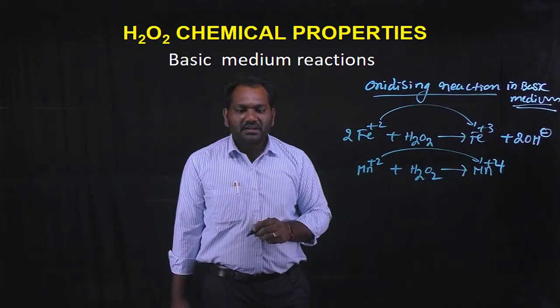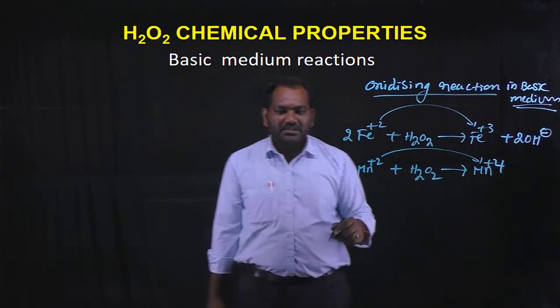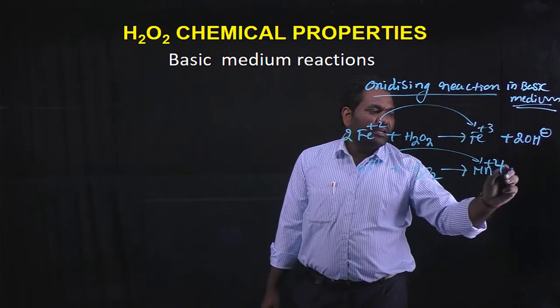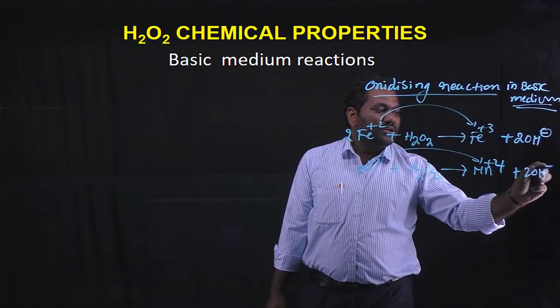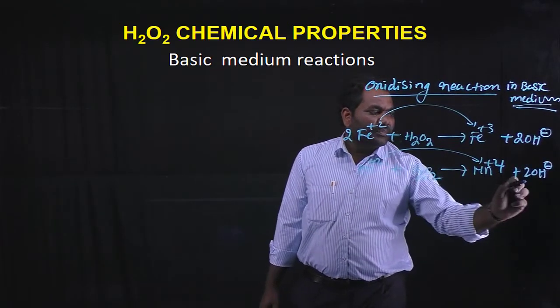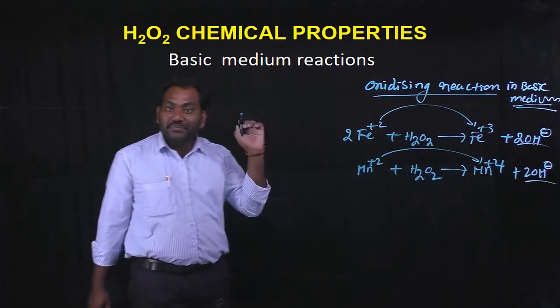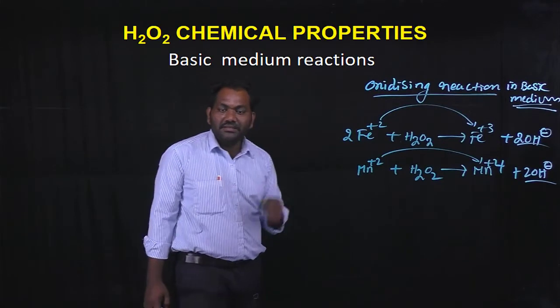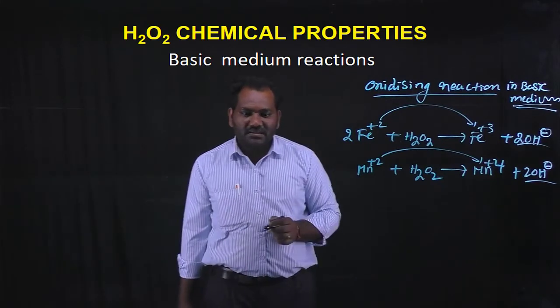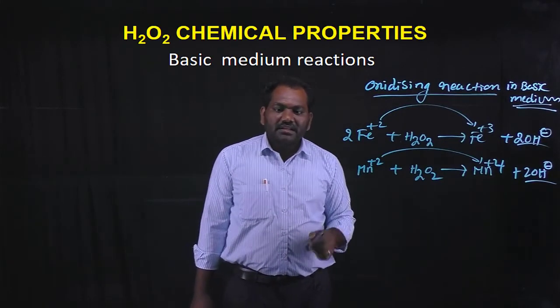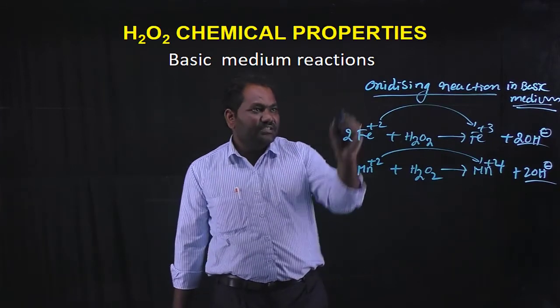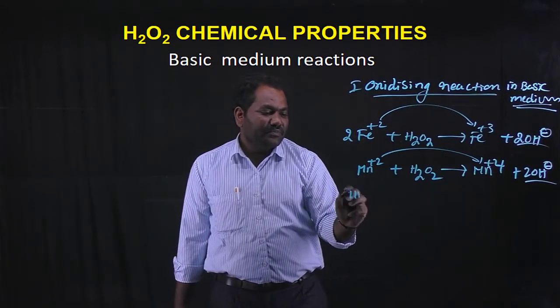In presence of H2O2, Mn+2 ions are converted to Mn+4 ions. Due to the presence of OH minus ions, this reaction is considered a basic medium reaction. Next, let's discuss the reduction reactions.